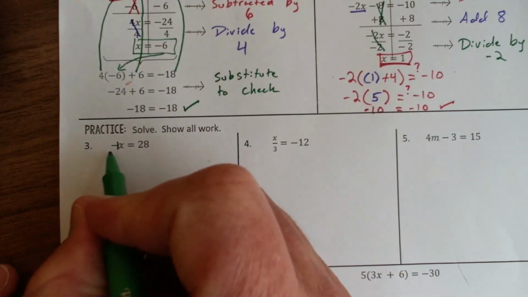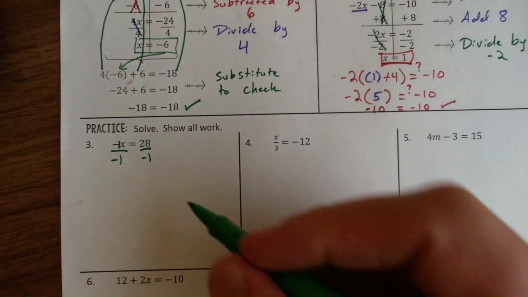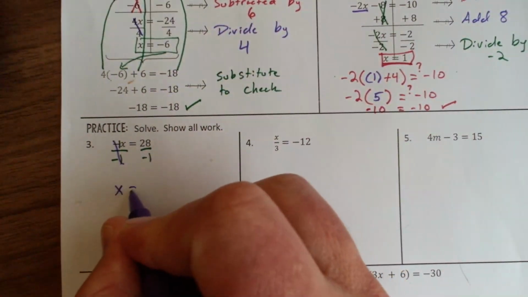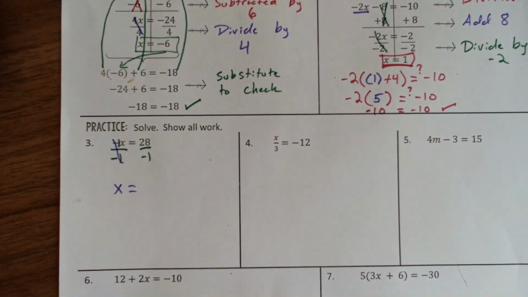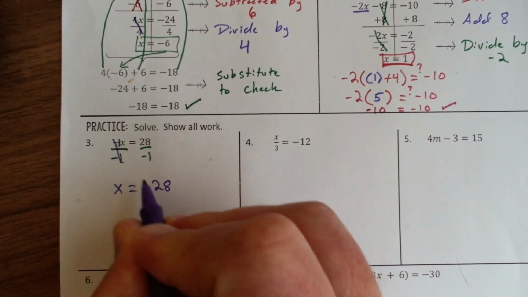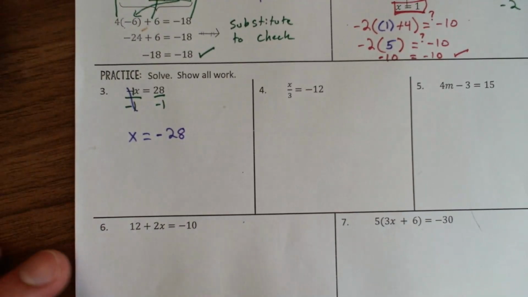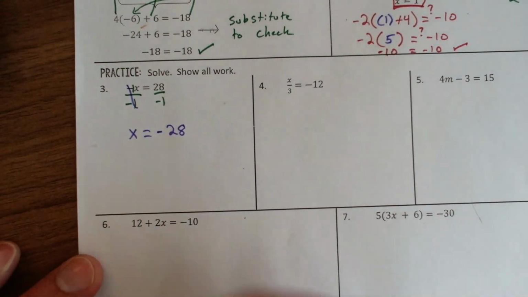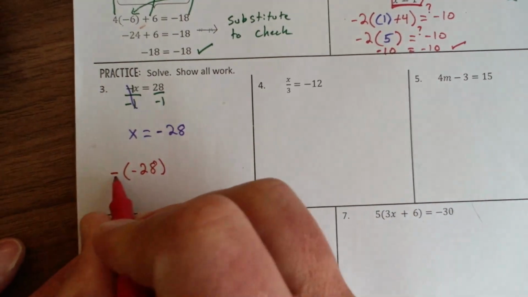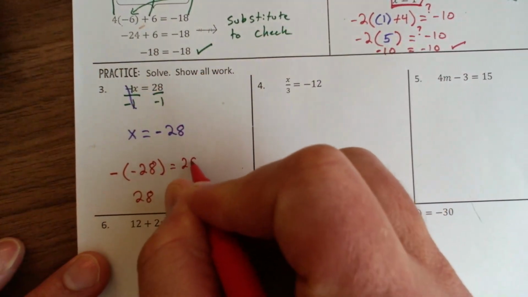So I need to divide by negative 1. This will allow me to reduce this to just x. It gets rid of that negative sign. 28 divided by 1 is 28. 28 divided by negative 1 is negative 28. And if I punch this into Desmos, a negative times a negative gives me a positive. 28 equals 28.